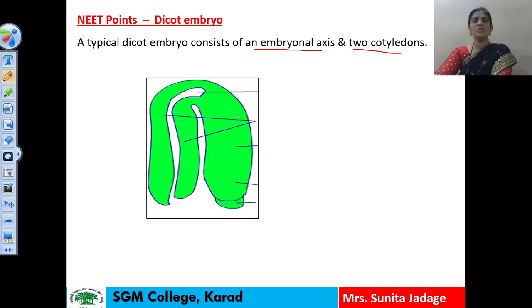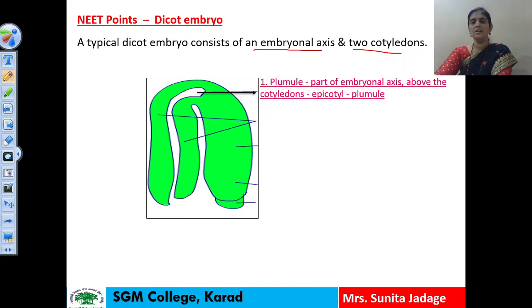So this is the embryo which is present in the dicot seeds or dicot plants. Here the two cotyledons are there and this is the embryonal axis. One by one we have to see the different points. So here the first part, the part of the embryonal axis which is present above the cotyledons, is known as the plumule.